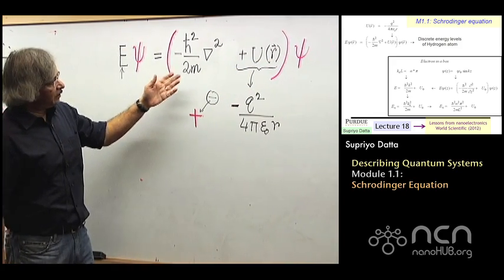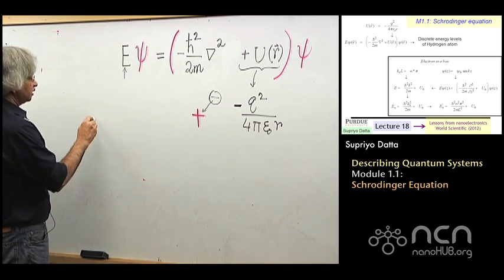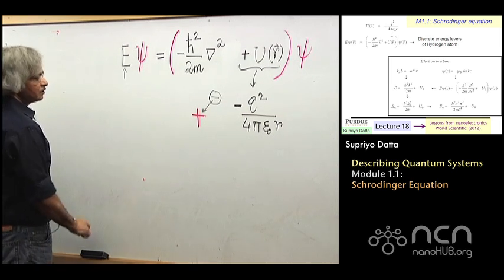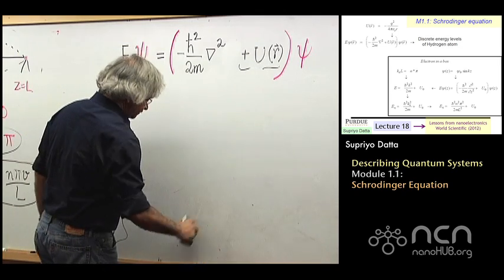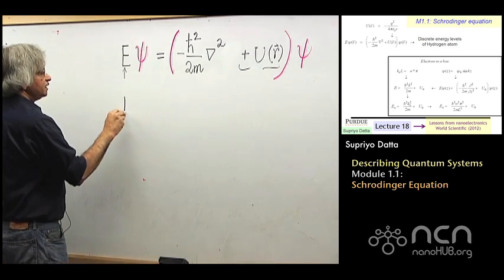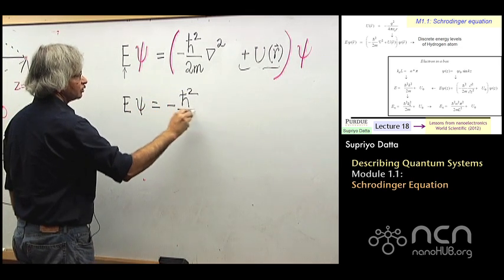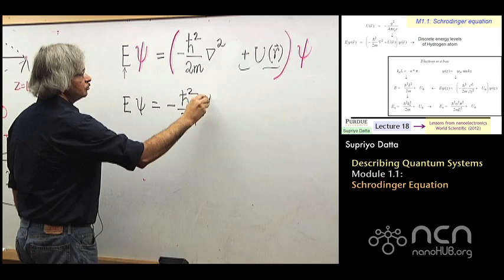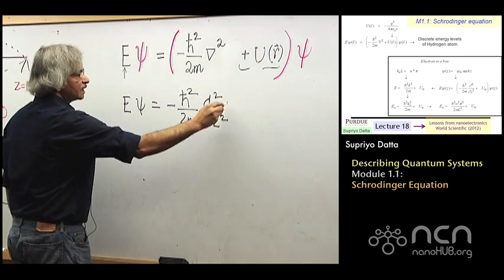But what we could do is think of a simpler model problem. And let's do this in just one dimension. So we could write something like this. In one dimension, E psi is equal to minus h bar square over 2m d2 dz2 psi.